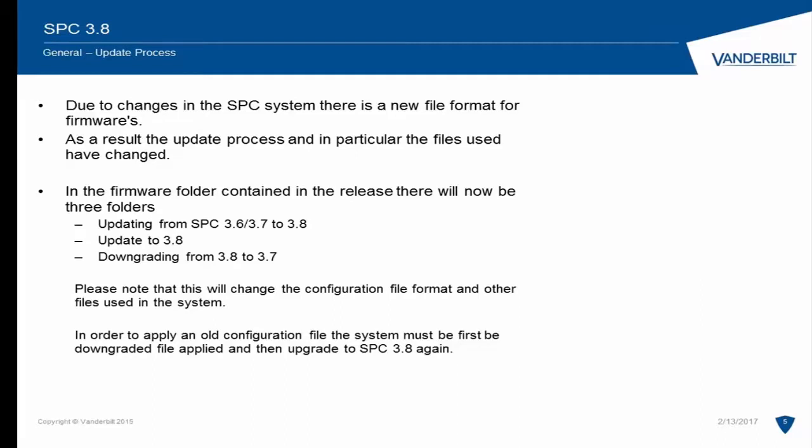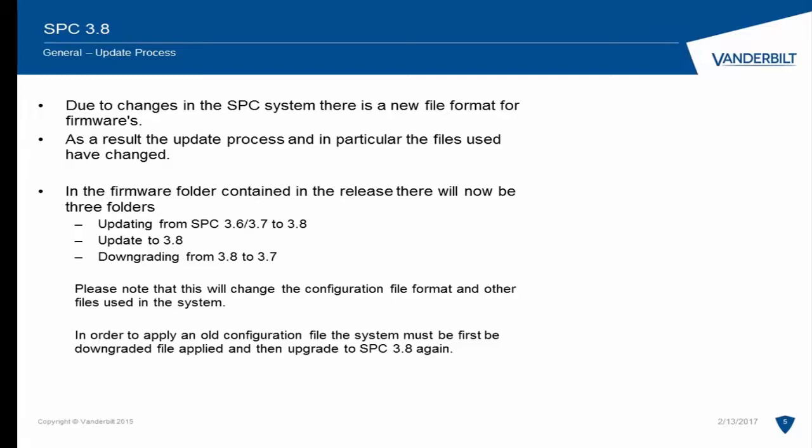So Ian, one of the main changes we made in SPC 3.8 was the update to the file structure. That's correct. Due to the change in the SPC system, there is now a new file format in the firmwares. As a result, the update process, and in particular the files used, have changed. In the firmware folders contained in the release, there will be 3 folders.